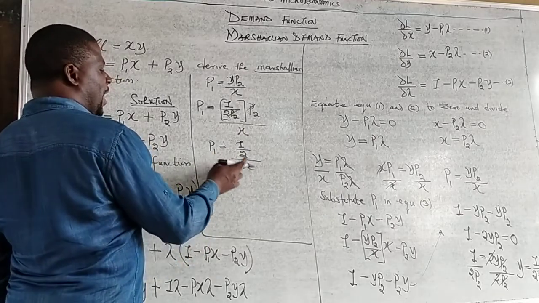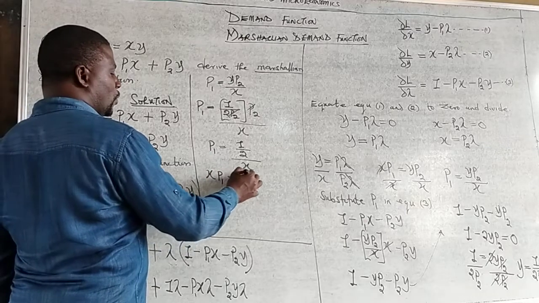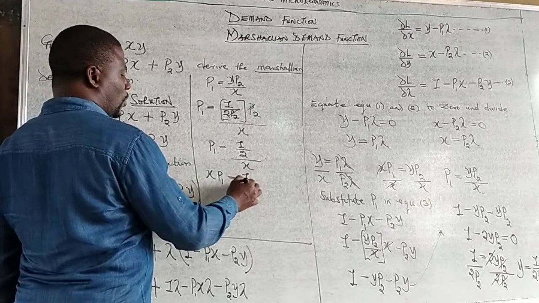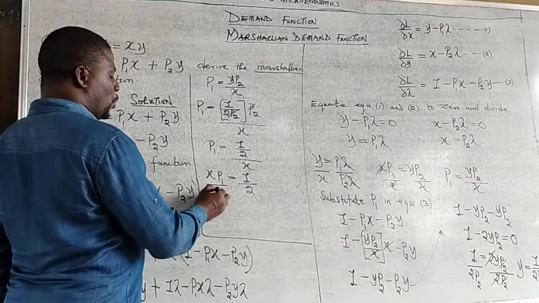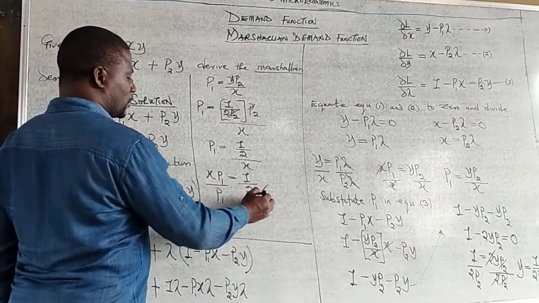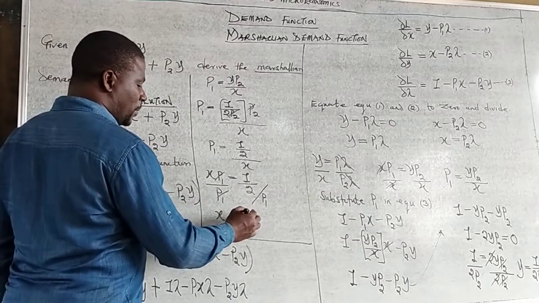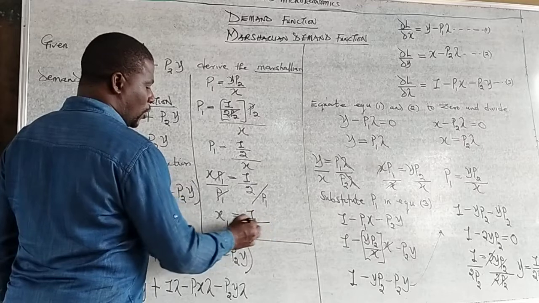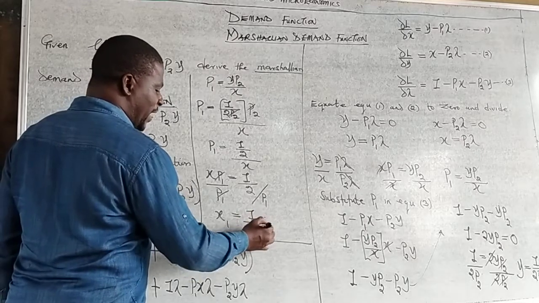If you cross multiply, p1 times this, it will be x p1 equals I all over 2. Divide both sides by p1. p1 will cancel p1. So your x will now be I all over 2 divided by p1.